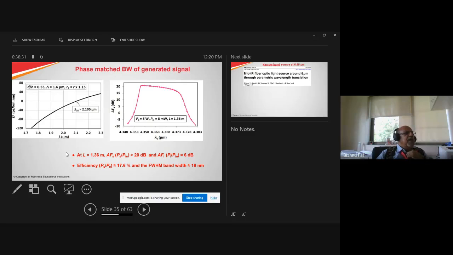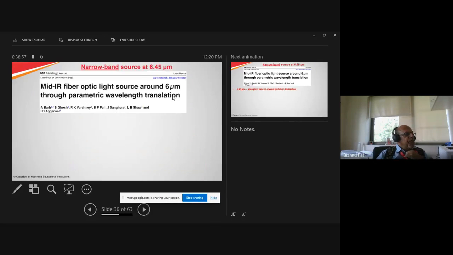So you get an amplified output of the signal, which is shown in the right-hand side figure. These are the parameters for which we got this spectrum. We had an efficiency of about 17.6%, and full width at half maximum was 16 nanometer, with light generated around 4.3, 4.4 micrometer of the mid-IR spectrum.